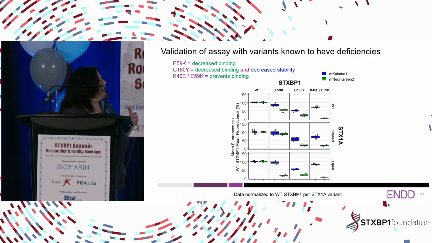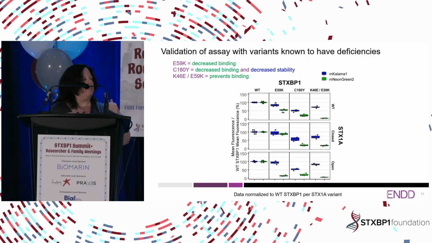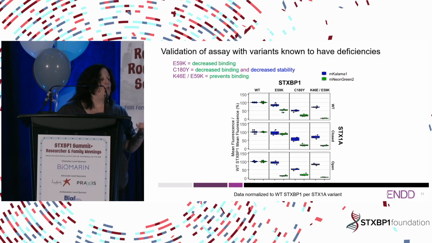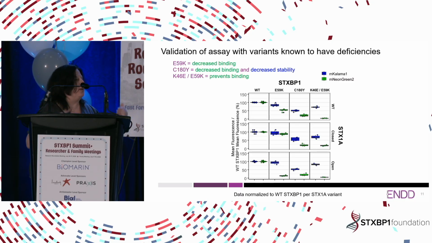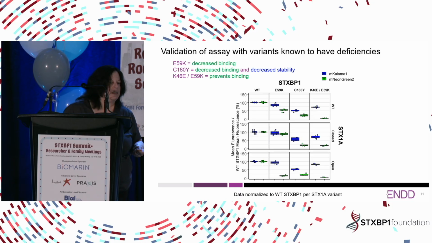Now, I'm going to describe to you that if we have a reduction in mCALMA1, let's just say to 50% of that of wild type, and let's say the neon green was similar to that 50%, we would then attribute that reduction of neon green to that of reduced protein expression. So the fact that the neon green is even further reduced beyond that 50% indicates that it's a reduced binding and a reduced stability with this variant.